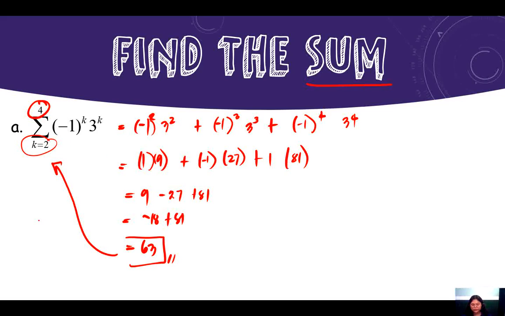Okay? Next, let's have this one. So the sum from i equals 4 to 8 of 5i minus 2. So the starting point is 4 and the end point is 8.